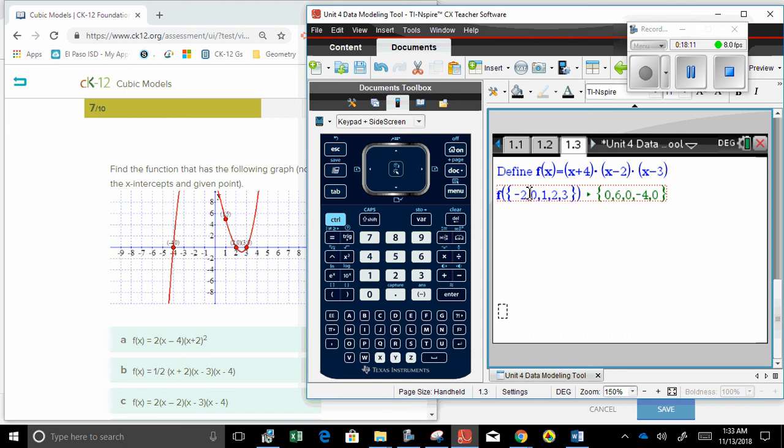So I want to check at negative 4, 0, 1, 2, 3.